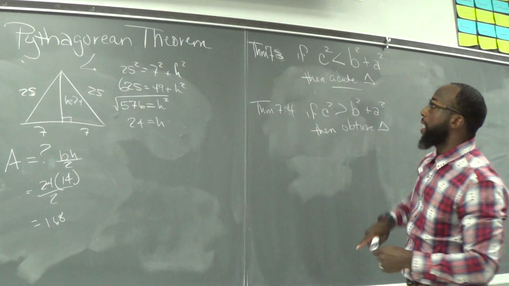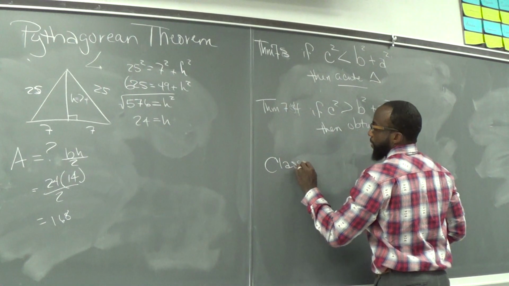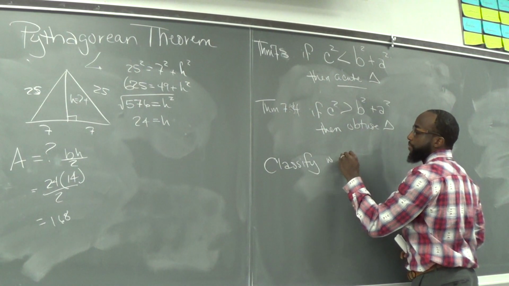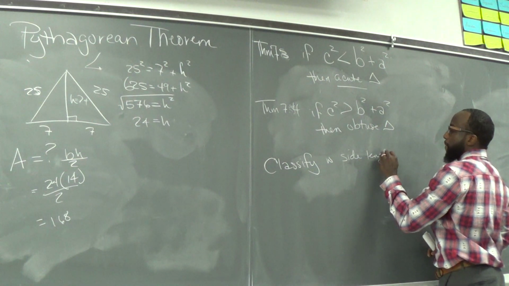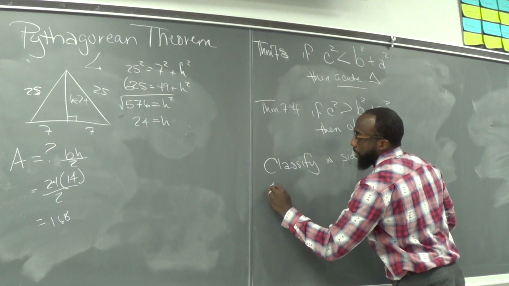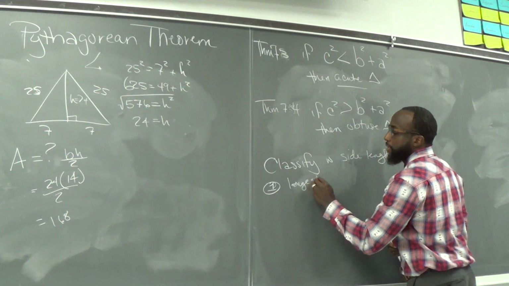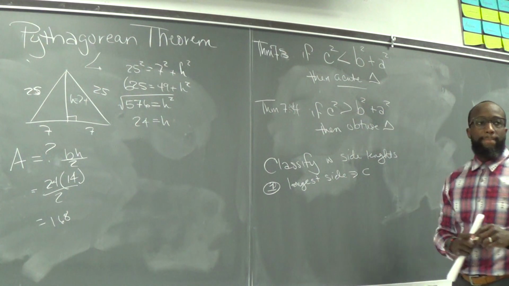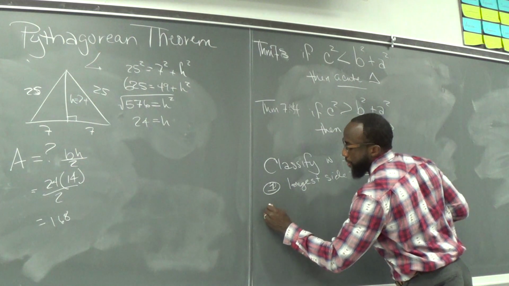So this is how you classify triangles with side lengths, whenever they give you the lengths. The first thing you want to do is identify what the longest side is. Always make the longest side c.